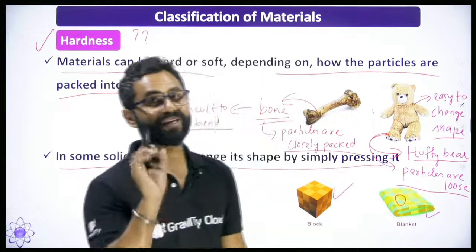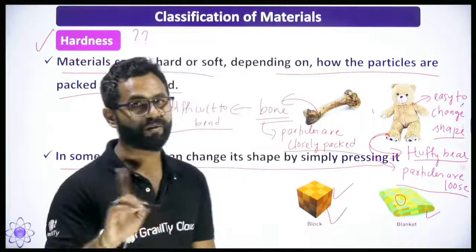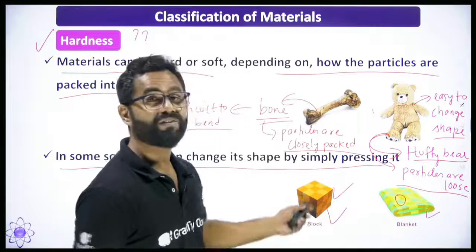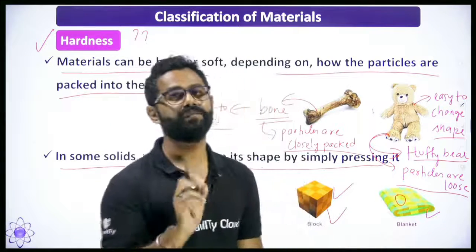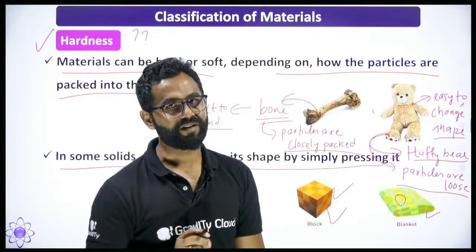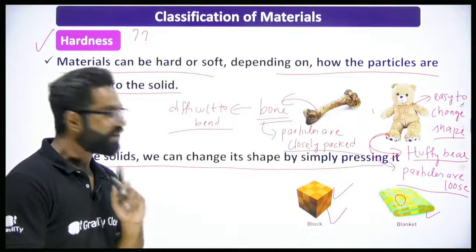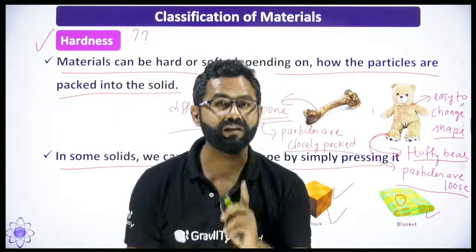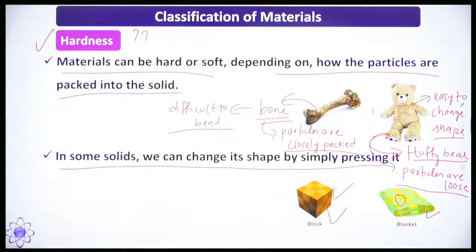That means the blanket can be pressed, but these hard blocks cannot be pressed, right? That means the particles in the block are very closely packed, but the particles in the blanket are loosely packed, right? So this is how the hardness of materials can be understood, depending upon the packing of particles in the material. So just take the notes. I give 10 seconds. Just note down the notes.